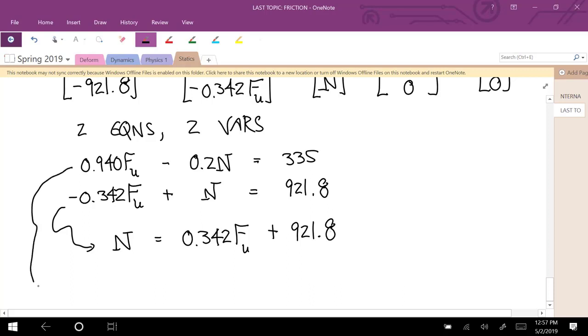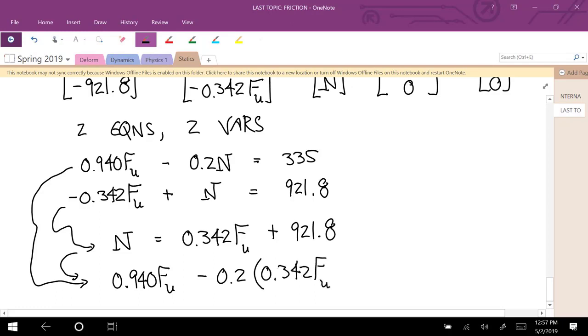Substitute that into this one, and it gives you 0.940 FU minus 0.2 times the quantity 0.342 FU plus 921.8, is equal to 335.